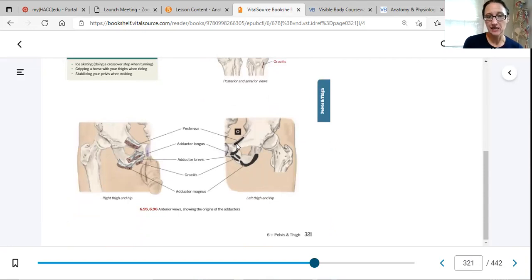So this one's pectineus, right? Superior ramus of the pubis here. Then of course, adductor longus, brevis. Gracilis is right here, okay? And I like the way that they have this cut over here where you can actually see how the tendons sort of interlock with one another for the adductors. Okay, so gracilis would be right here, the origin of gracilis.